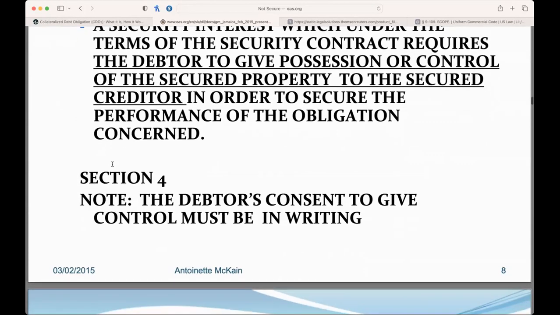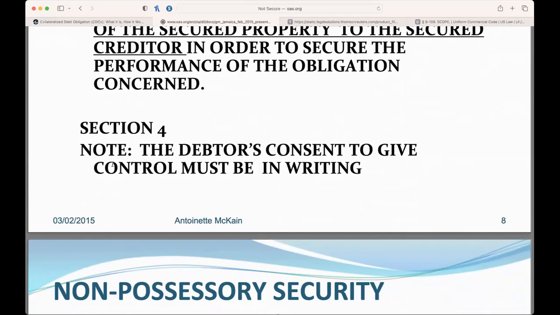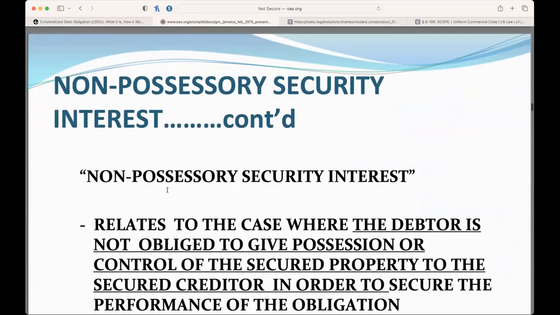But Section 4, note the debtor's consent to give control must be in writing. And usually it is, like I said, the terms that are written standard into a contract, or all contracts. We're giving all this. If you really read your contract with the understanding, you're probably going to throw up a few times, understanding what you gave away in ignorance.